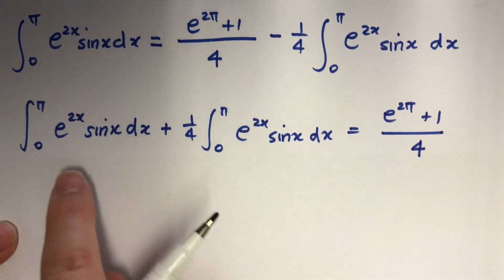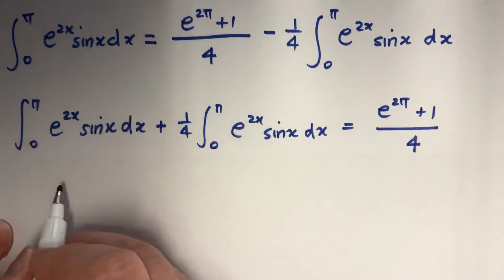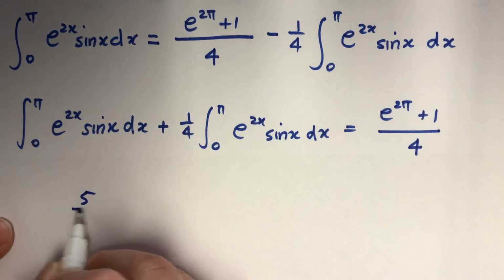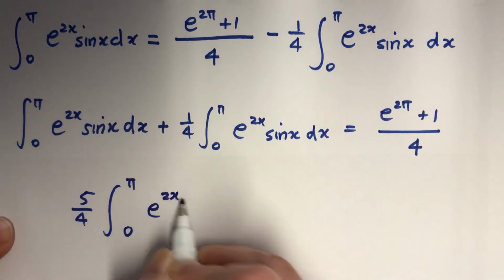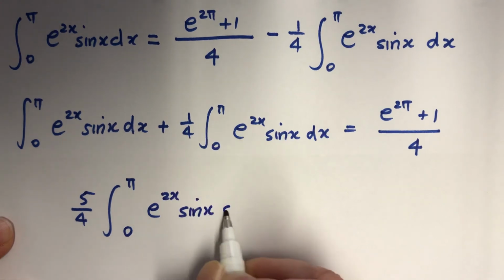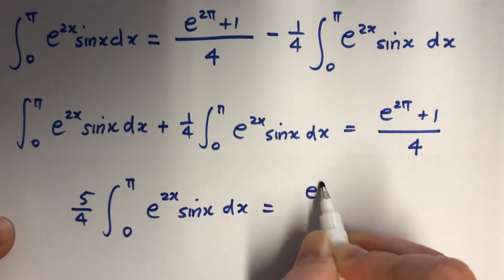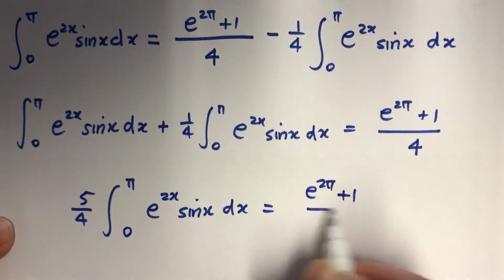So it's almost like 1 plus a quarter. What's 1 plus a quarter? 5 over 4. So 5 over 4 times the integral of e to the power of 2x sine x dx equals e to the power of 2 pi plus 1, over 4.